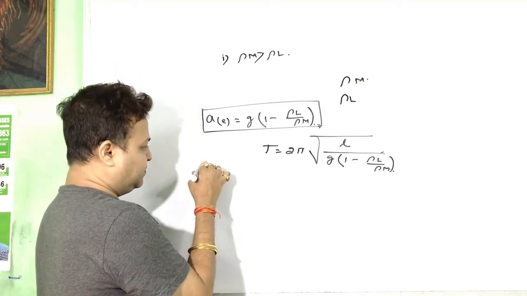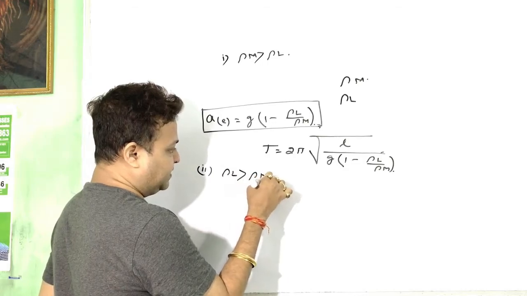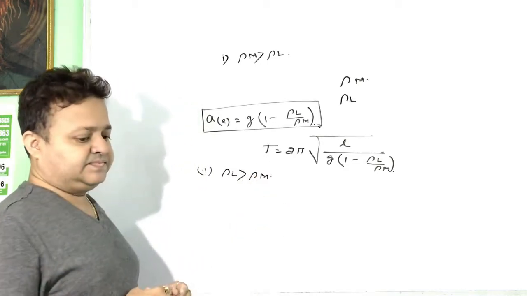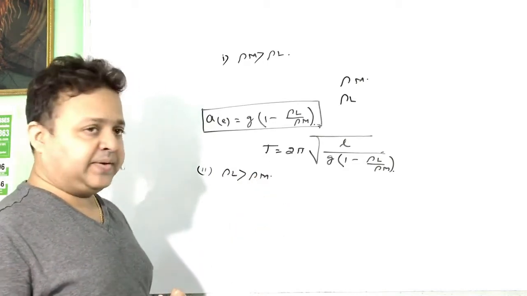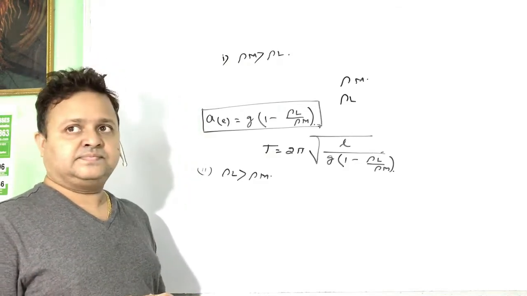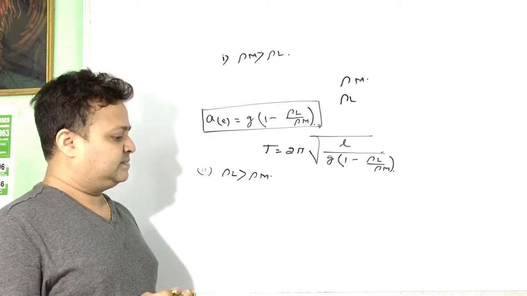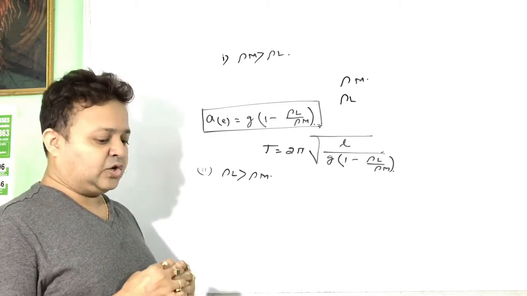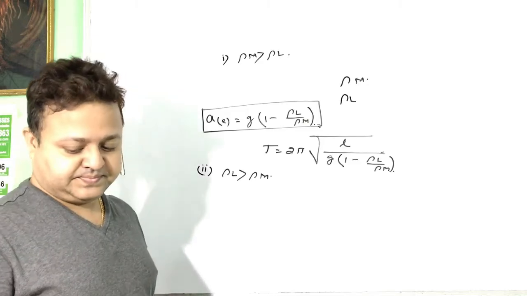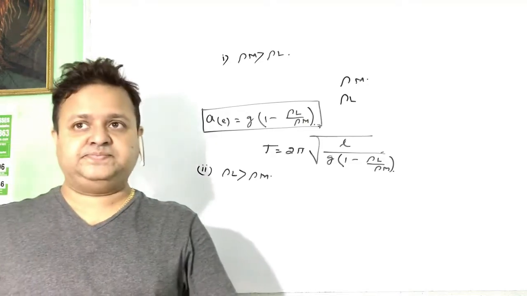Number 2, if density of the liquid is greater than that of material, then the oscillation stops.